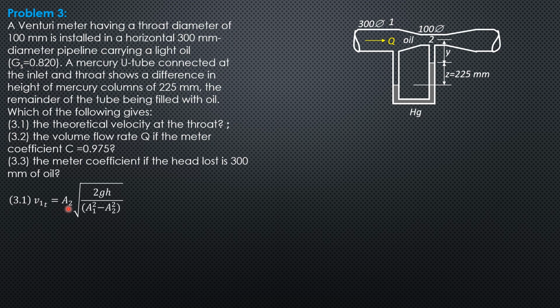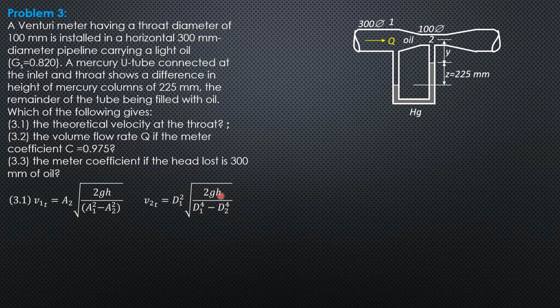And since area 1 is pi over 4 diameter 1 squared, and we have pi over 4 in these factors, the pi over 4 will be cancelled. So the direct formula for the theoretical velocity at the throat is diameter 1 square root of 2gh over diameter 1 to the fourth minus diameter 2 to the fourth. Remember, we have pi over 4 diameter 1 squared quantity squared, so it is diameter 1 to the fourth minus diameter 2 to the fourth.